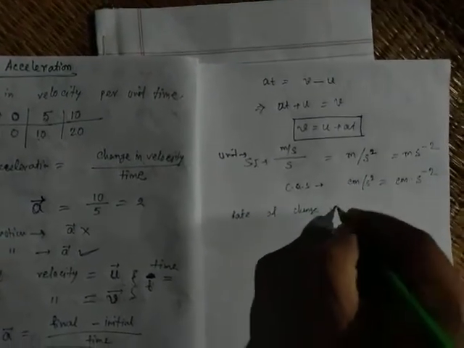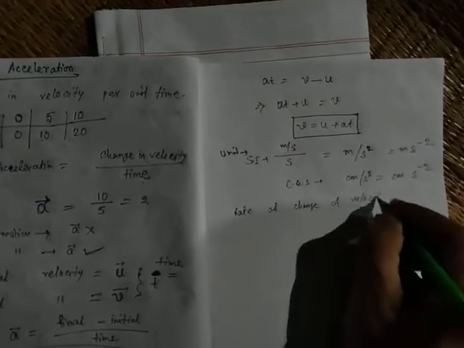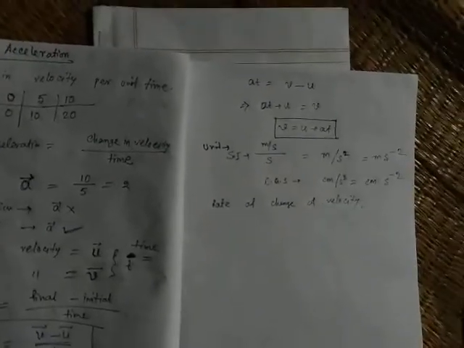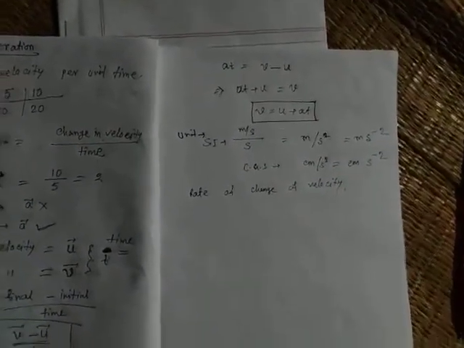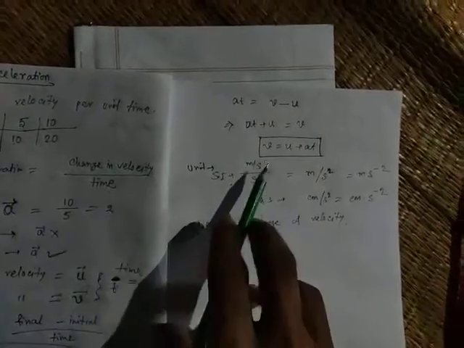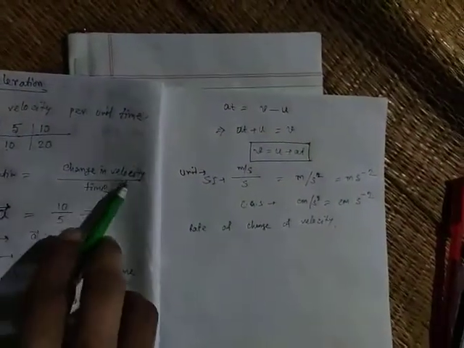So if in the examination you are asked why we use second two times in the unit of acceleration, you write: one second comes due to the change in velocity and another second comes due to the rate of change of velocity. Okay?